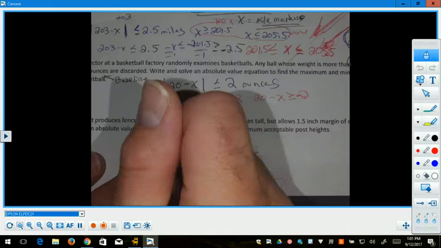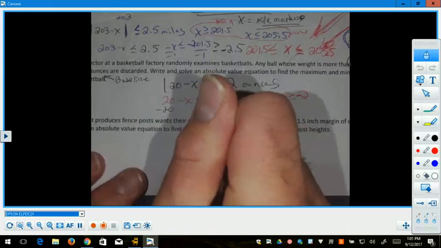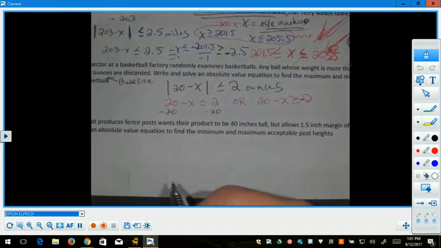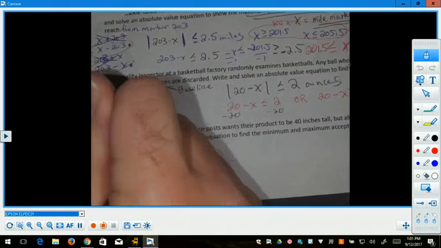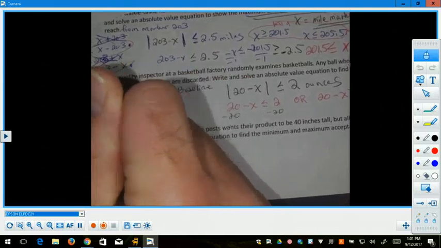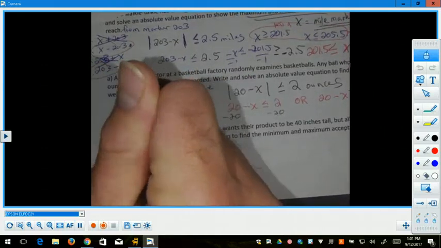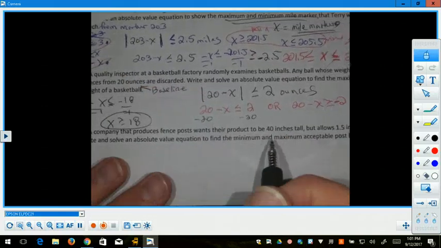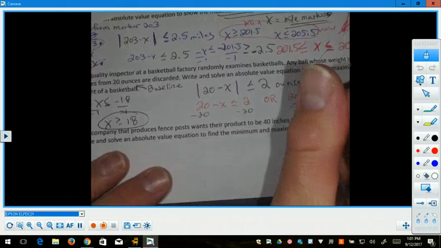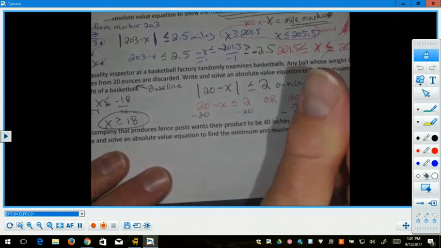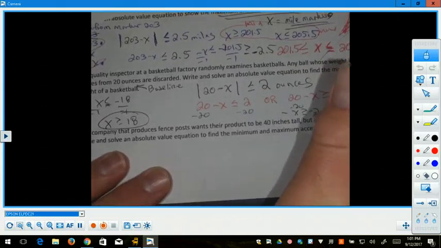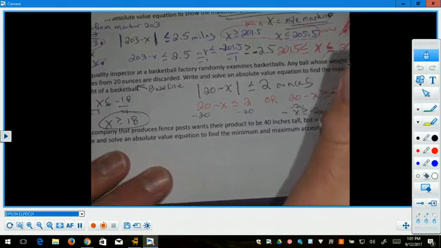I'm going to subtract 20 from both sides. This gives me negative x is less than or equal to negative 18. When you divide by negative 1, you get x is greater than or equal to 18. On the other side, when you subtract 20, you get negative x is greater than or equal to negative 22.